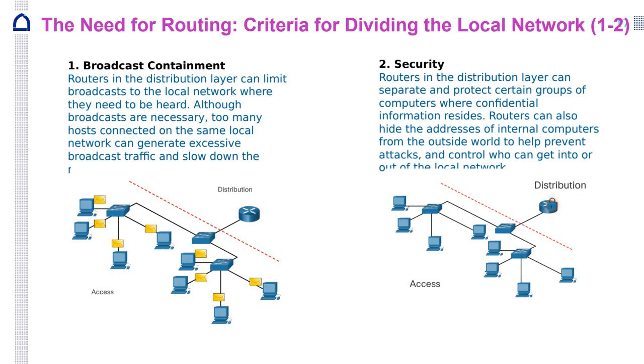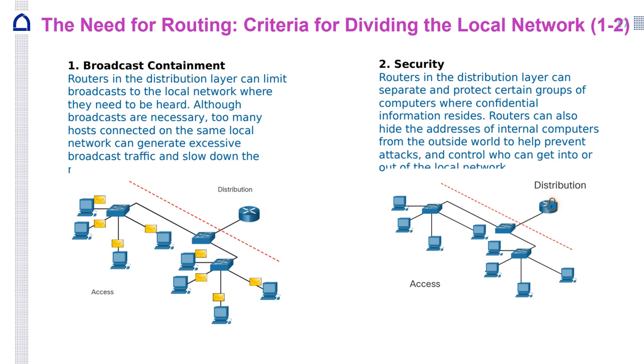Remember we said each router interface connected to a LAN is considered a broadcast domain. The router will stop the broadcast. Because routers are in the distribution layer, they have the power to limit broadcasts. Why?